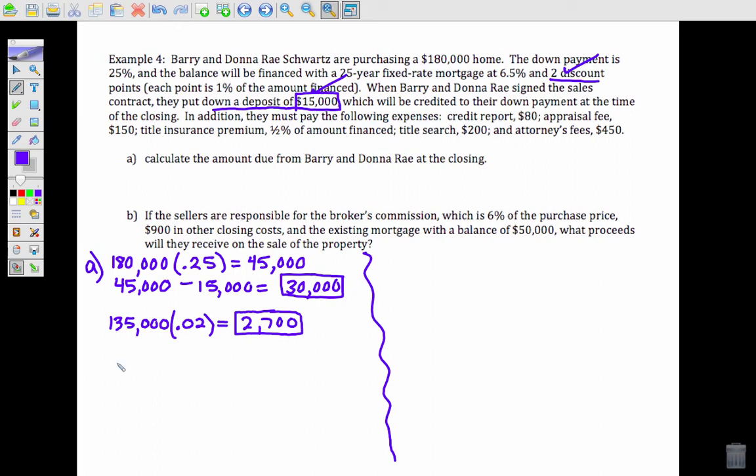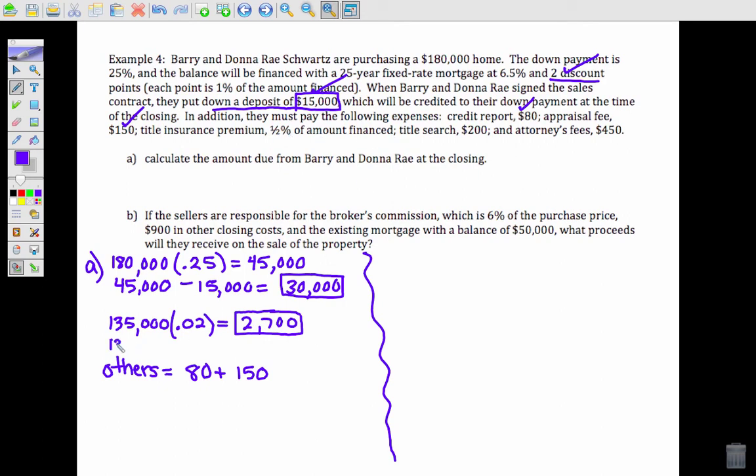It says in addition they must pay the following expenses. So here's all of the others. I'm just going to go ahead and add these together. We've got credit report of $80. We've got appraisal fee of $150. We got insurance.